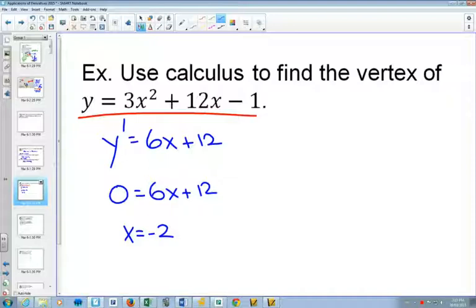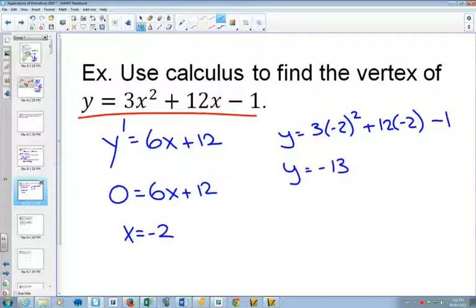And the vertex is on the original function, so I'll plug -2 into my original function. And then I'll find my vertex to be (-2, -13).